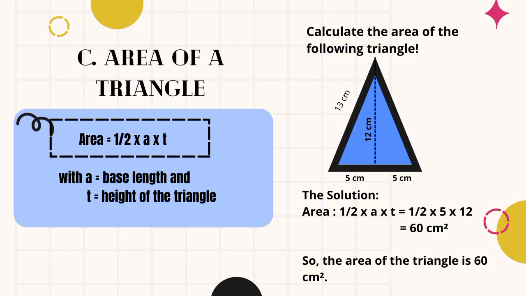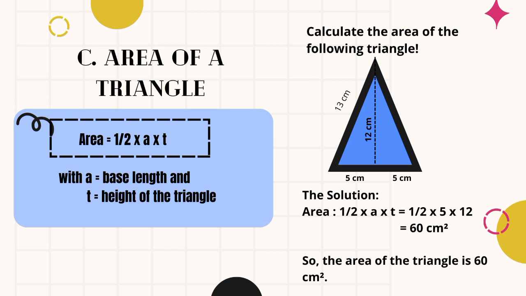C. We talk about the area of a triangle. The formula for the area of a triangle is area equals a half times A times T, with A the base length and T the height of the triangle. For example, calculate the area of the following triangle in the picture.